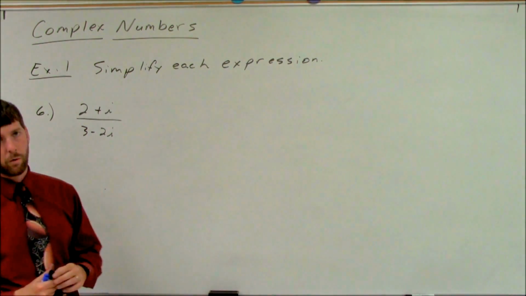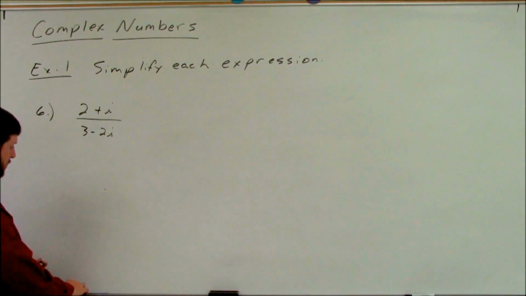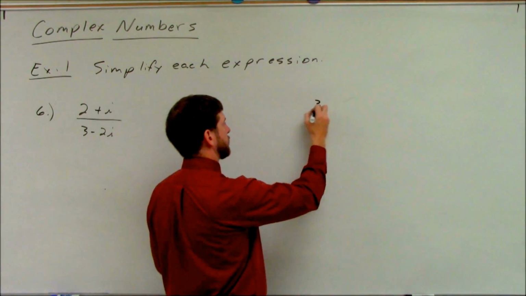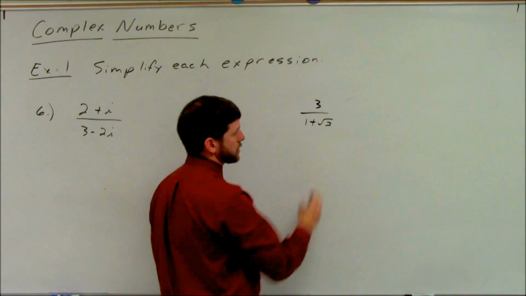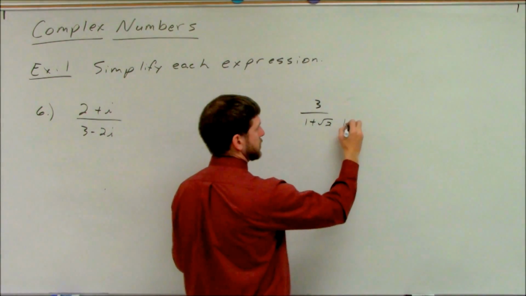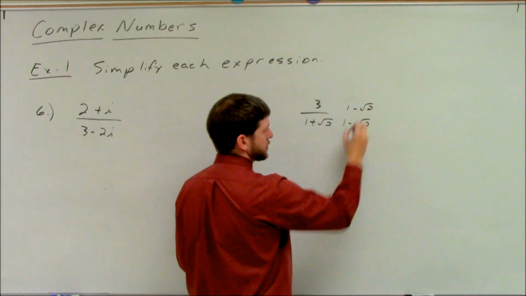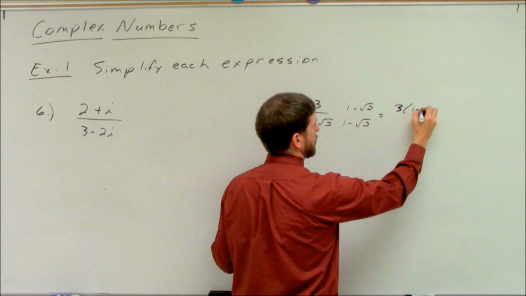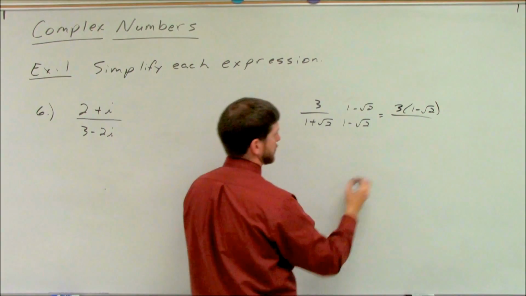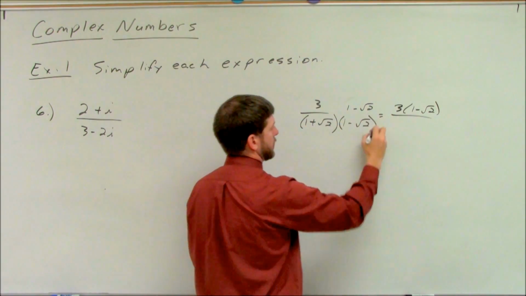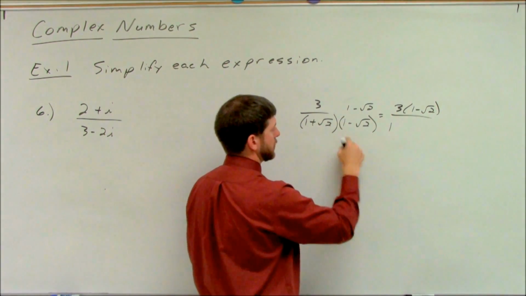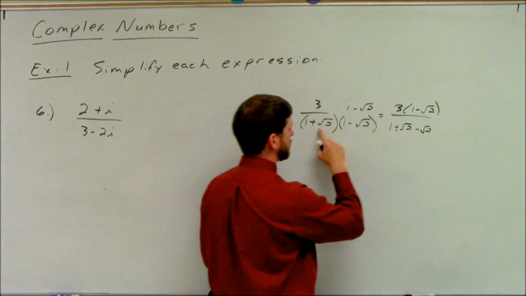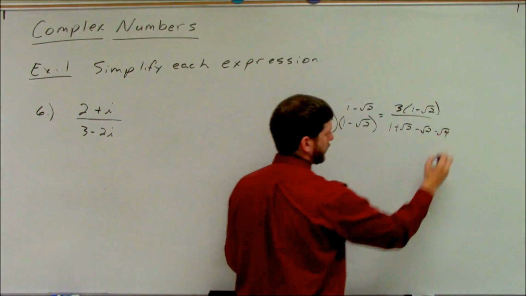Remember, if you have a plus or a minus in the denominator, take a step to the side real quick. Say I had 3 over 1 plus square root of 2. To get rid of that square root of 2, I had to multiply by 1 minus square root of 2. We called that the conjugate. And if you'll remember why, because when you distribute all this, 1 times 1 is 1, plus square root of 2, minus square root of 2, minus square root of 4.